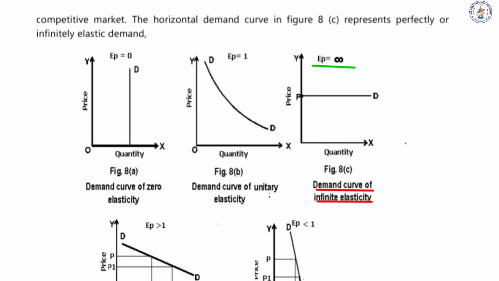That is, at a price OP, they are ready to buy any amount of quantity on OX. The quantity being OQ, OQ1, OQ2, they can shift the quantity. But they are not ready to buy any more when the price exceeds OP or when it decreases to OP1. There is no change in it. That is what is said as infinity. It has been explained in figure 8C.